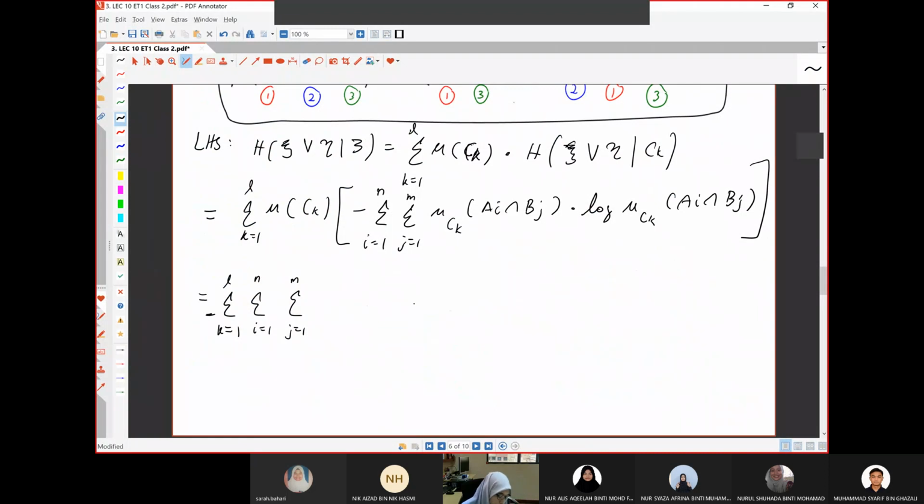First we collect the sums and then we put the three together, and then I have mu CK of AI intersect BJ multiplied with the log mu CK of AI intersect BJ. So far I don't do anything, I just collect the sum.